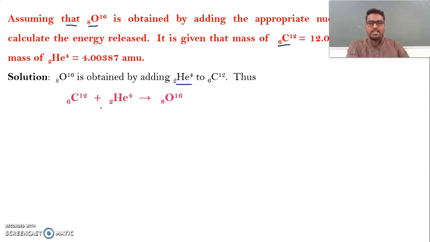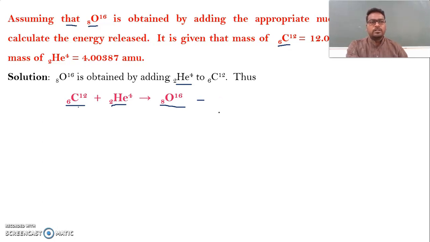When carbon 12 combines with helium nuclei, at that moment it becomes oxygen 16: 6 plus 2 is 8, 12 plus 4 is 16. So it becomes oxygen 16. This is how oxygen is obtained. Now during this process some amount of energy is released, so we have to calculate that energy.